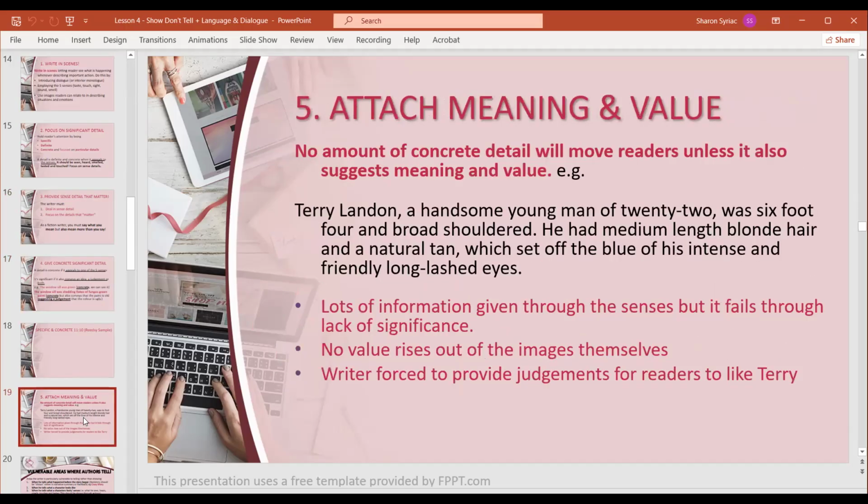And 5, you attach meaning and value. When we talk about concrete detail, I'm talking about being very, very specific in your writing. Avoid abstract ideas.